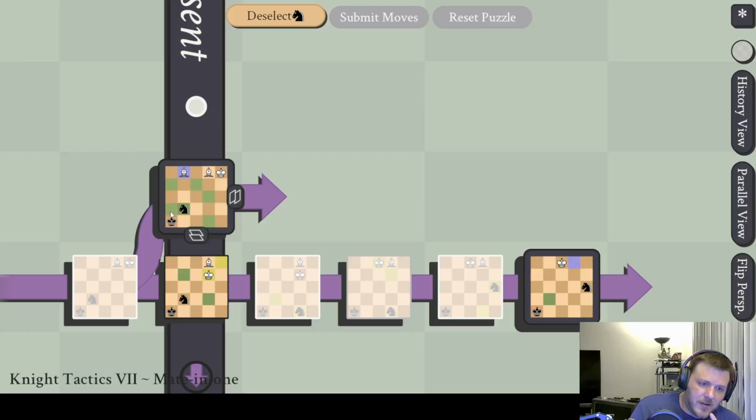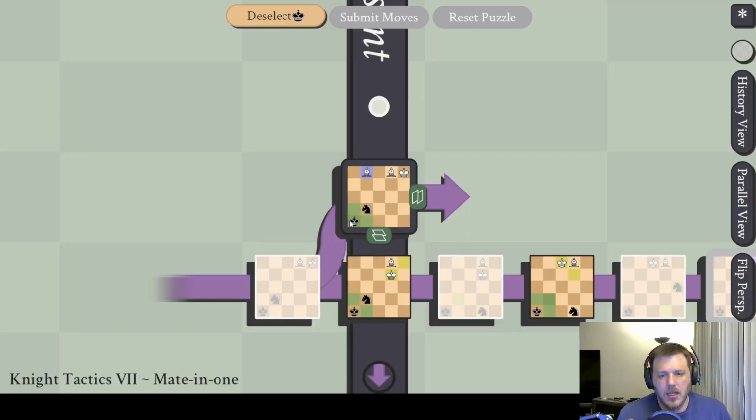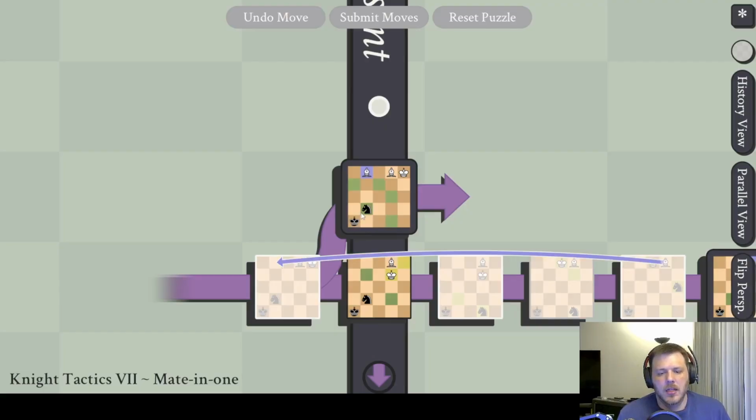Bishop can capture me there or there. What about... I'm moving this board. So I have to move either my king or my knight. If I move there or there, his bishop will just capture me.